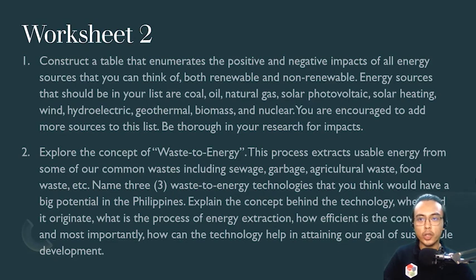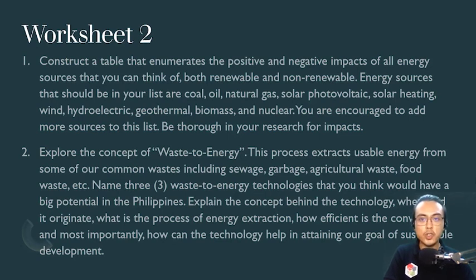For your second worksheet, first, I want you to construct a table that enumerates the positive and negative impacts of all energy sources that you can think of, both renewable and non-renewable. So we want to compare the positive and negative impacts for renewable and non-renewable sources of energy.